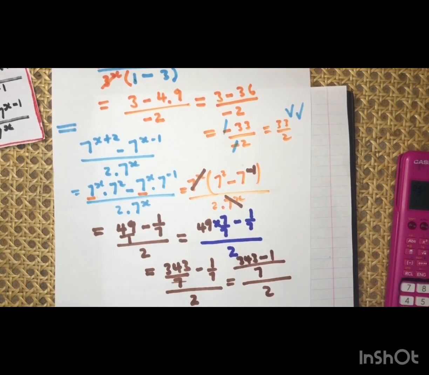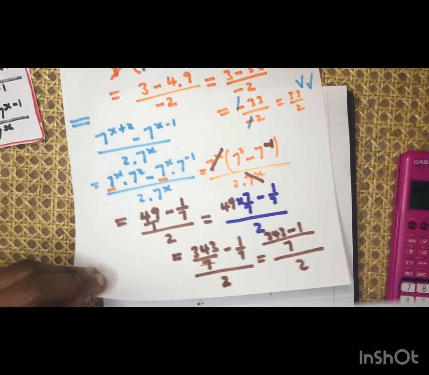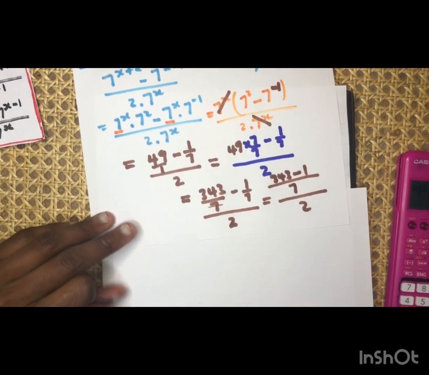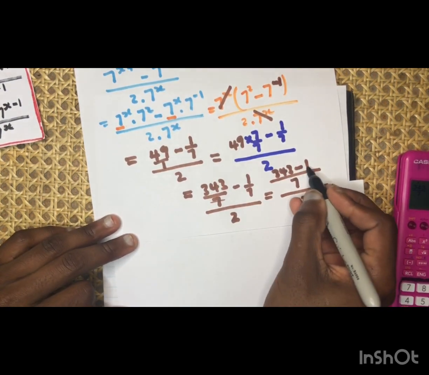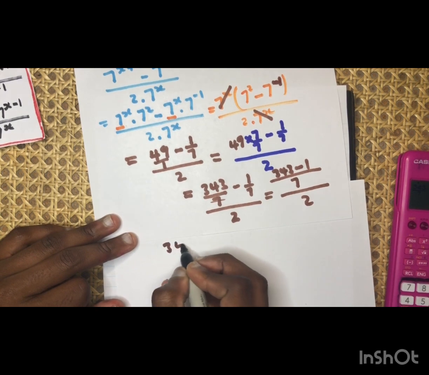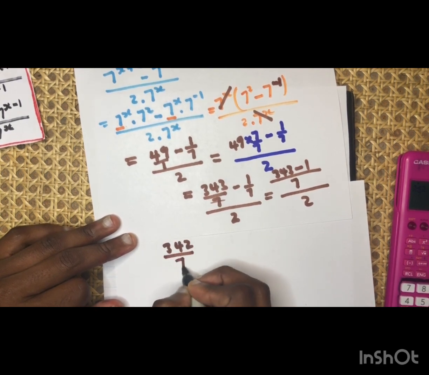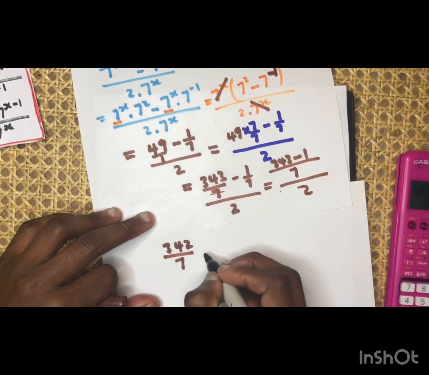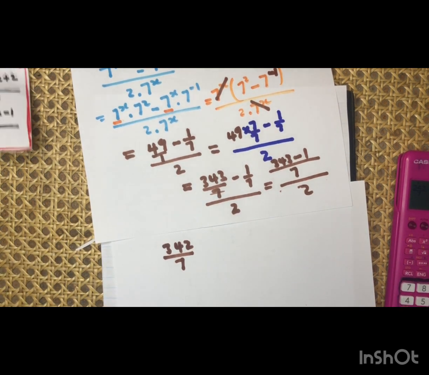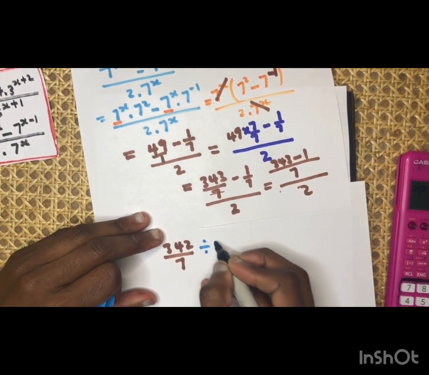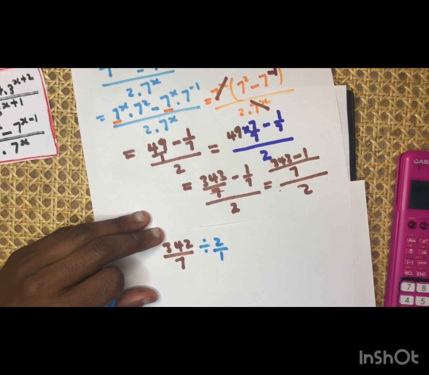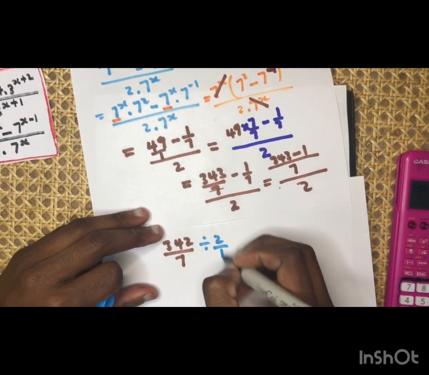So I'm not allowed to have two divisions here. So what I'm going to do is say 343 minus 1 is 342 divided by 7. Remember, with this division, I'm going to put the division that we know, the normal division. We have 1 here, so I'm going to apply the reciprocal on this side.